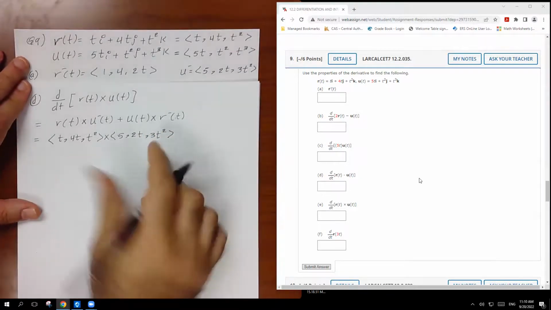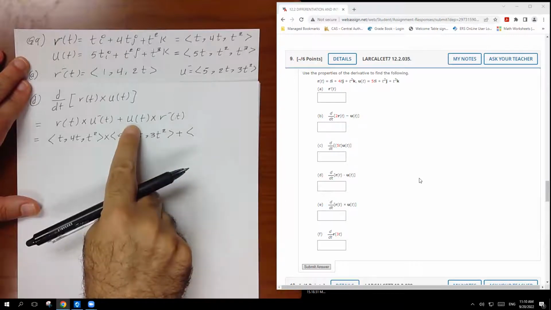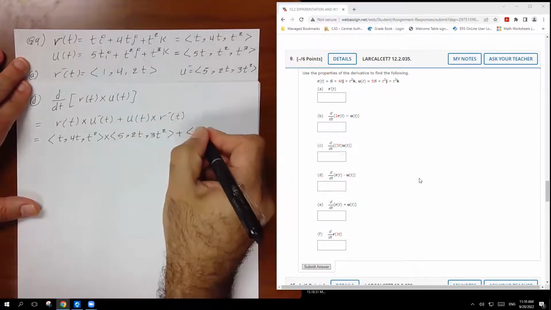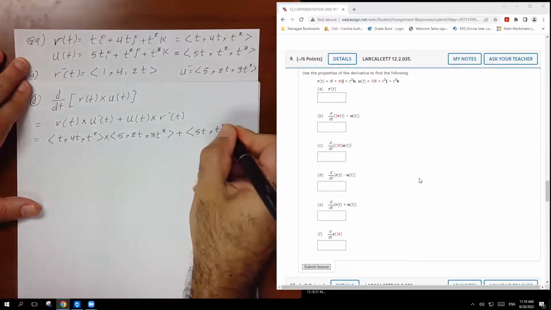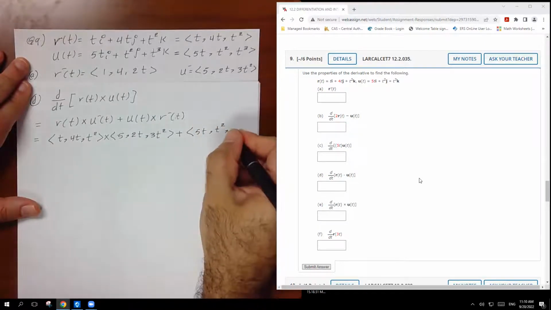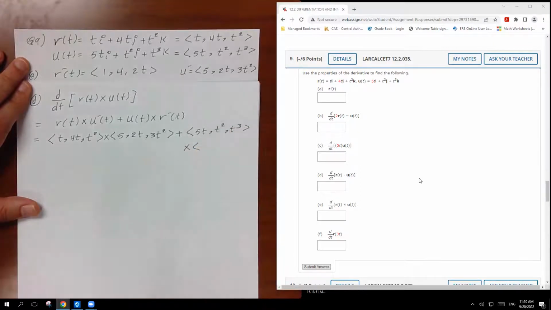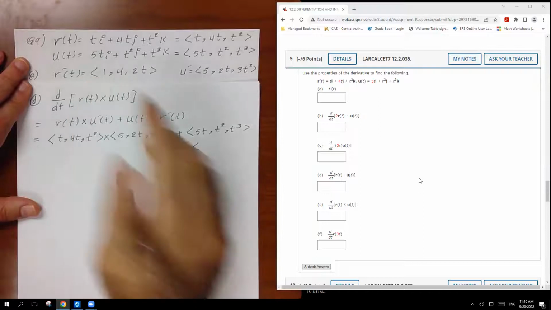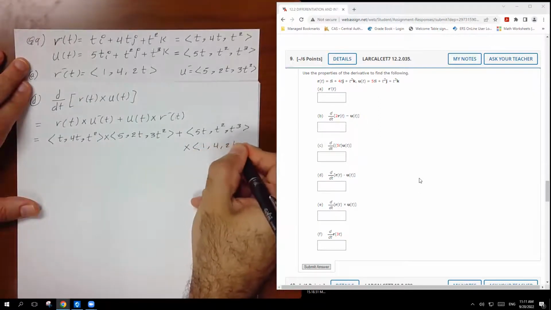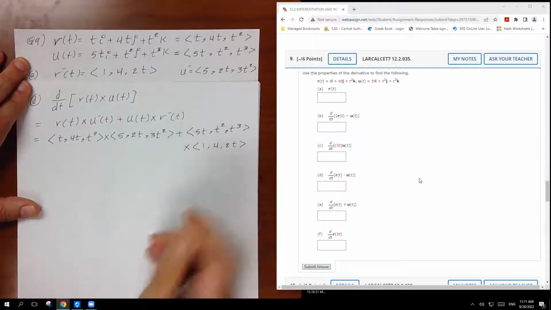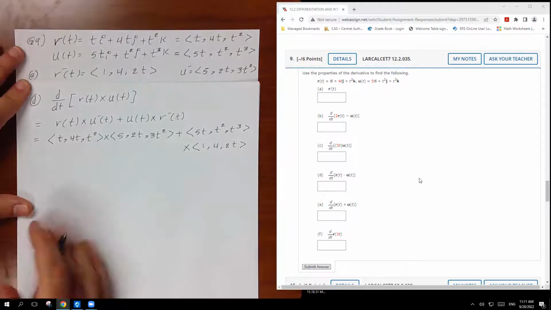This is the first part, plus u of t, which is 5t, t squared and t cubed, cross with r prime, which is 1, 4, and 2t. So we have to find the cross product here and the cross product on the other side.